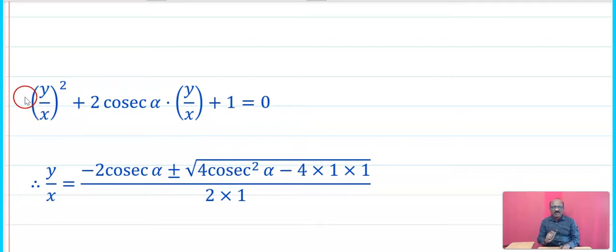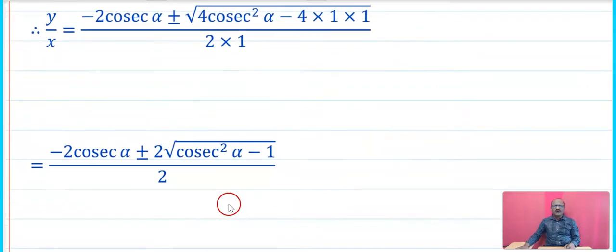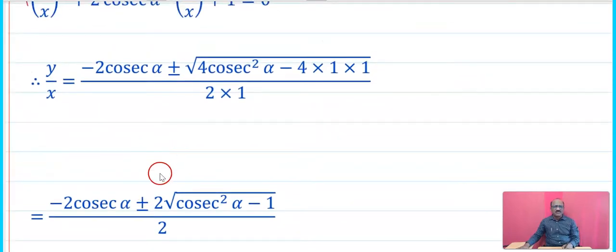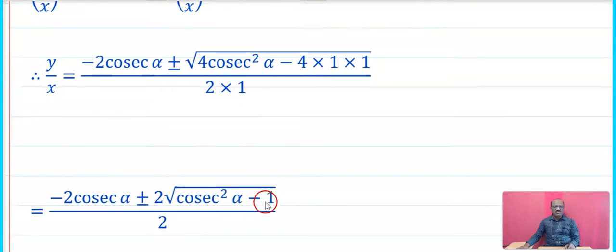The coefficient a is 1, c is 1, therefore minus 4 into 1 into 1, upon 2 into 1. Overall you will get minus 2 cosec alpha plus or minus, take 4 as common, square root of 4 is 2, so plus or minus 2 root of cosec square alpha minus 1.